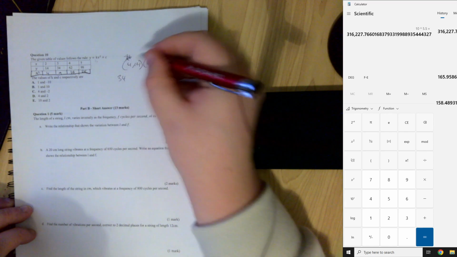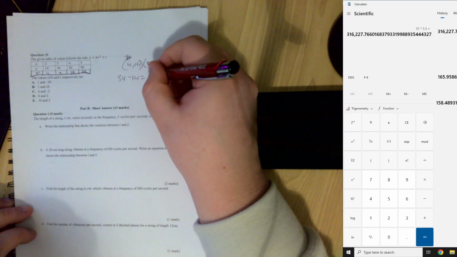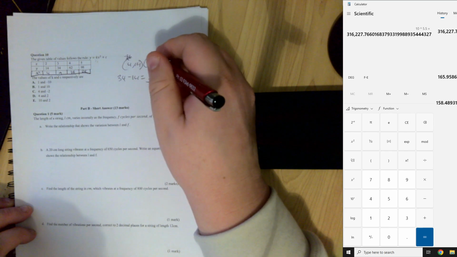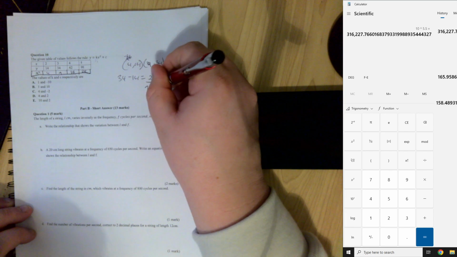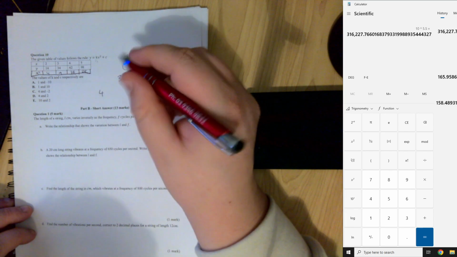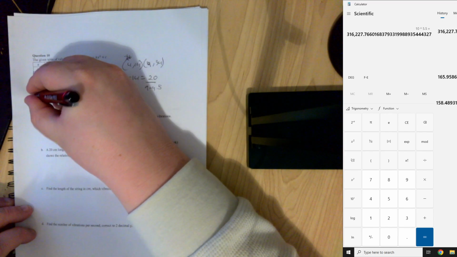We do 34, take 14, which is 20, divided by 9, take away 4, which is 5. 20 on 5 gives us 4. Okay, so the value of k is 4. And it has to be one of those two.